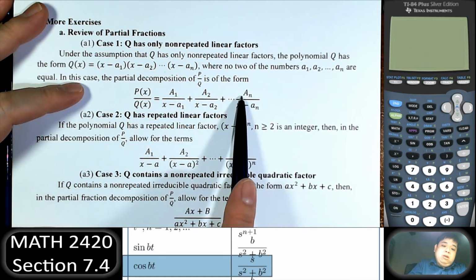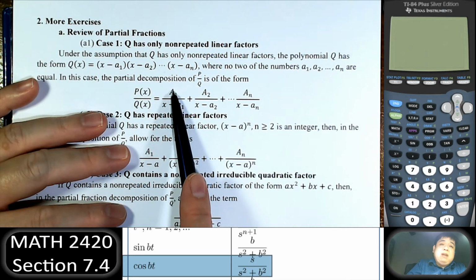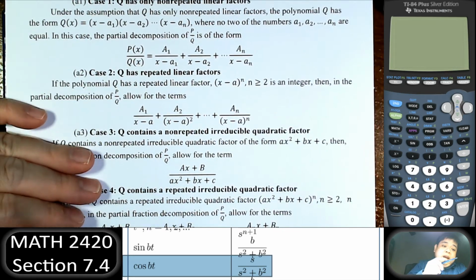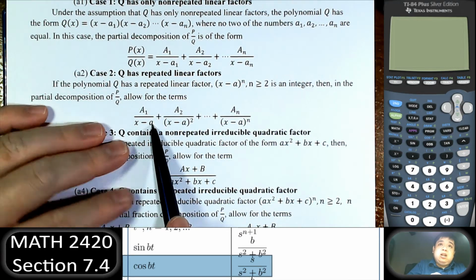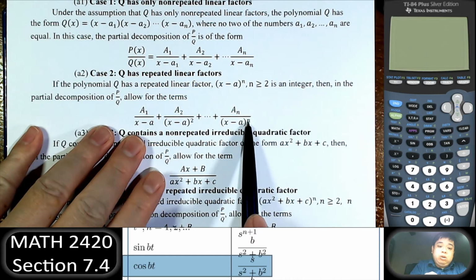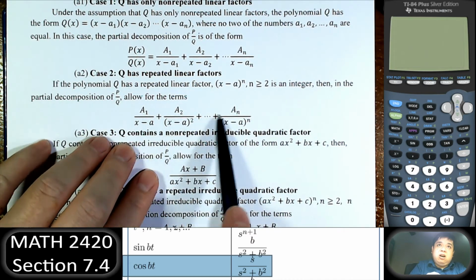And on the top, if this is a ratio, the top degree has to be less than the bottom, so we just have a constant on the top. If we have a repeated factor of x minus a, then we repeat that factor up to the multiplicity, and on the top we just place a constant.